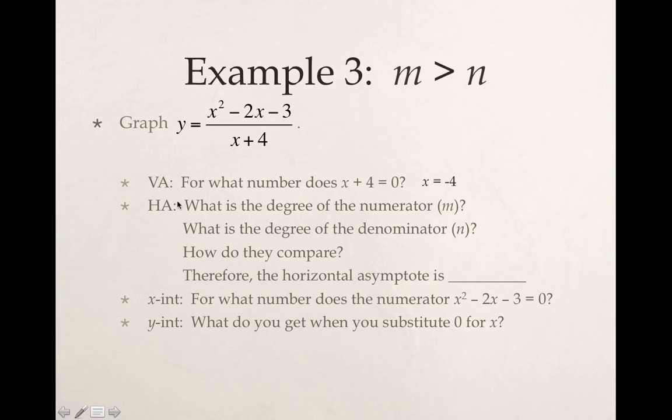For the horizontal asymptote, when we look at the degrees, we realize that the degree of the numerator is 2, and the degree of the denominator, since it's just linear, is 1. So when we compare them, our top exponent is bigger than our bottom exponent. And so that means that instead of a horizontal asymptote, we actually have a slant asymptote.